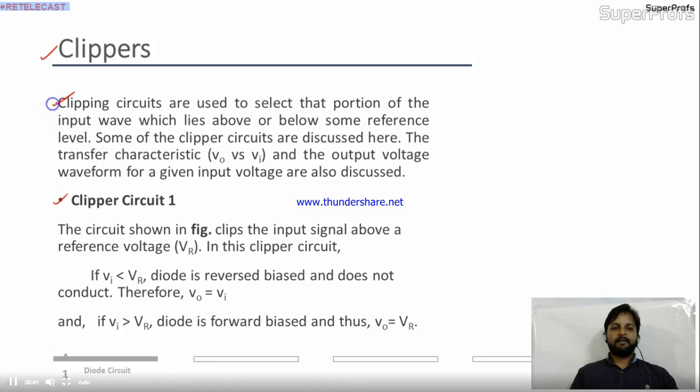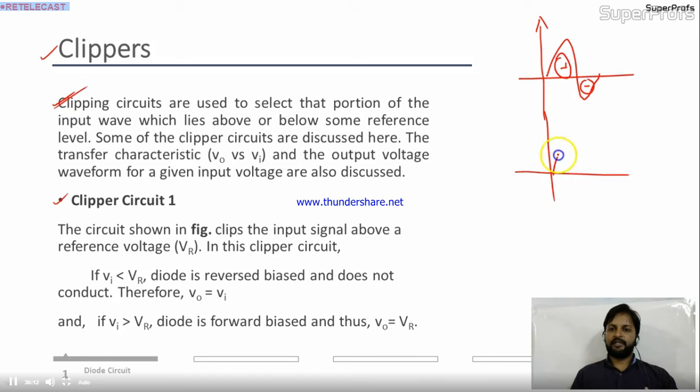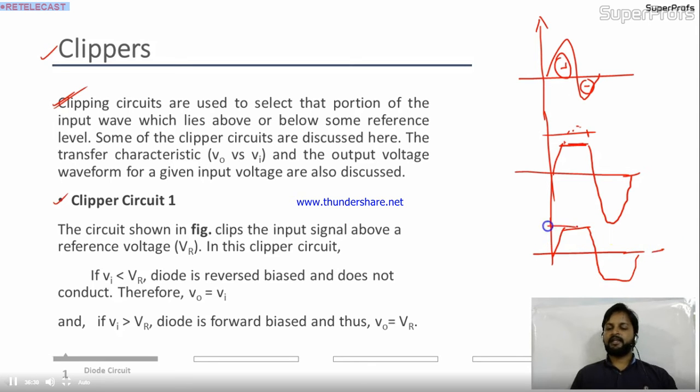As we discussed, a clipper will clip the input, suppose with a positive half and a negative half. Suppose you need this type of waveform, you can get it by clippers. Want to remove this portion? Yes, you can remove this portion. Or you can get this type of waveform also if you want. So you can clip it. Clip it means you can cut it.